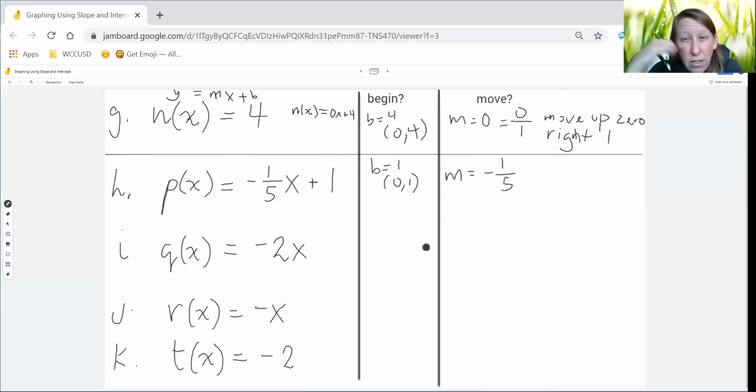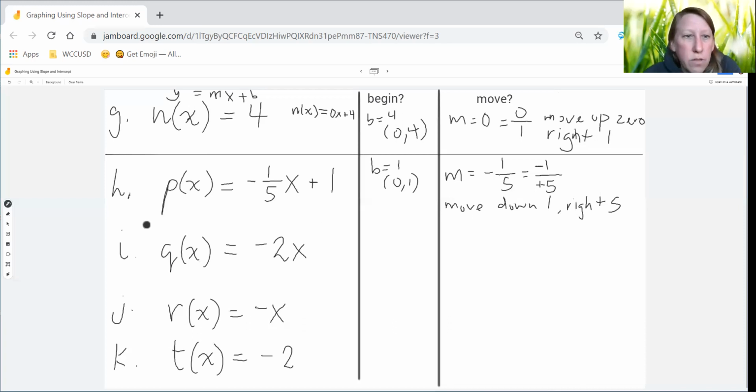Okay, what is that? Okay, good. This is going to be the -1 and then the +5. Because a negative divided by a positive is going to give you that negative. If you made them both negative, then that would be negative divided by negative, and then this would have to be positive, which would not be correct. Okay, so what are my directions? Where am I going to move? I'm going to move to find another point, down 1 and right 5.